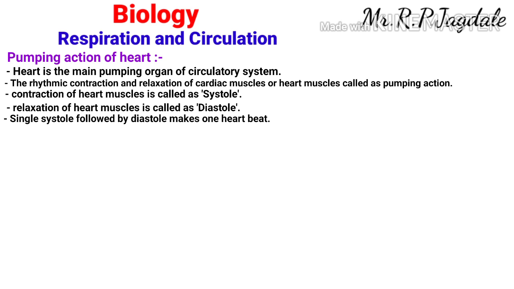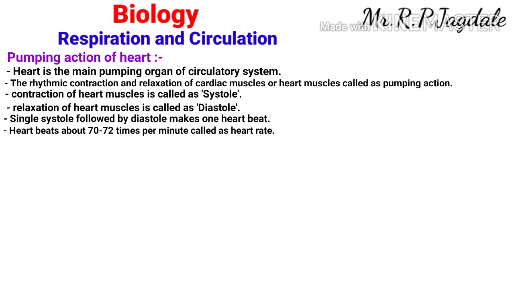Okay, and we all know that the heart beats about 70 to 72 times per minute, and that is called heart rate. So what is a heartbeat? A rhythmic systole followed by diastole is called a heartbeat. Heart rate means the heart beats about 70 to 72 times per minute.